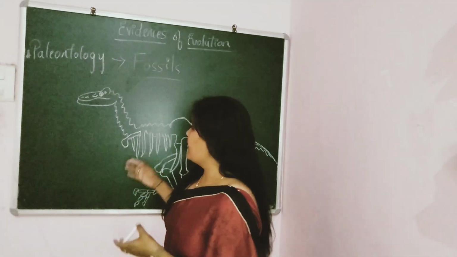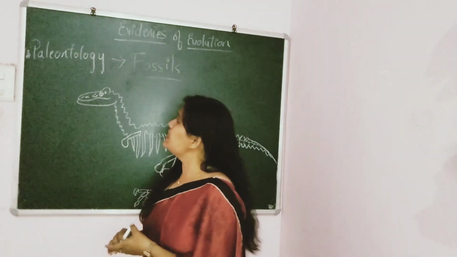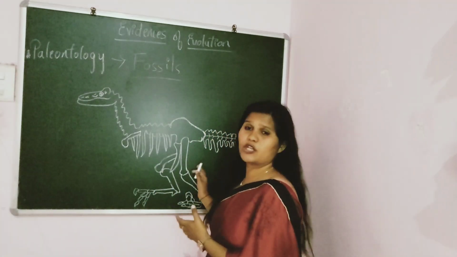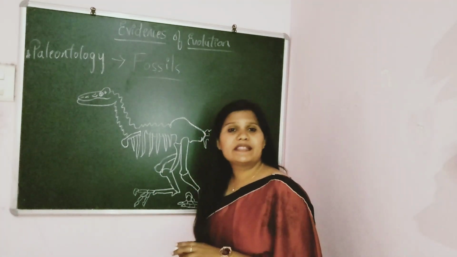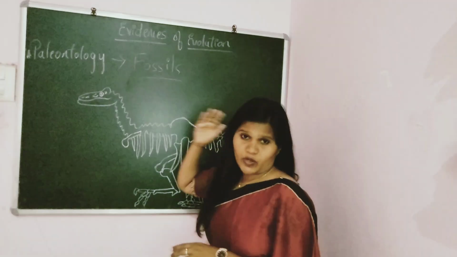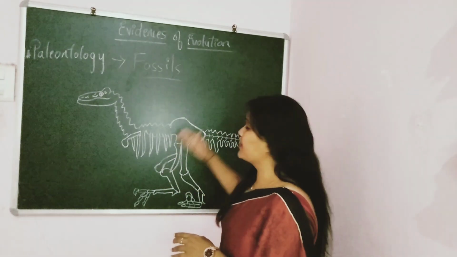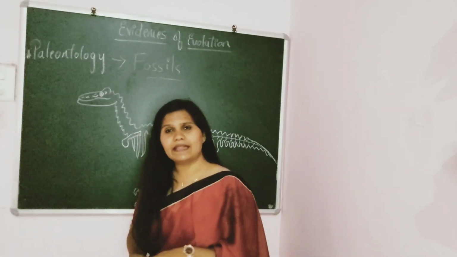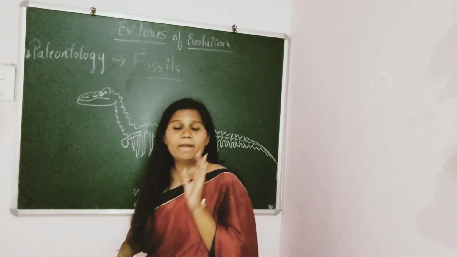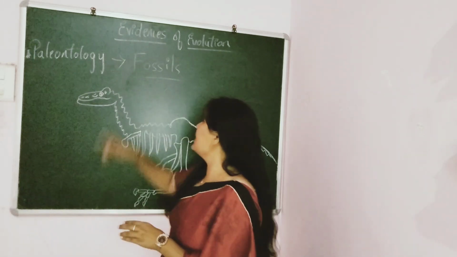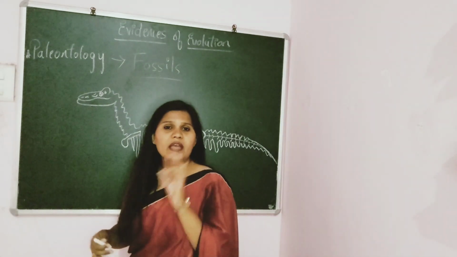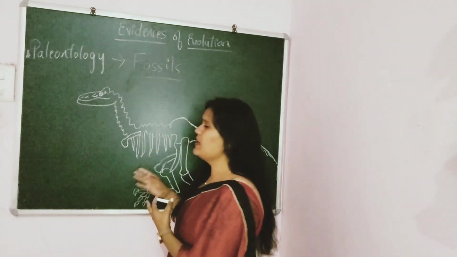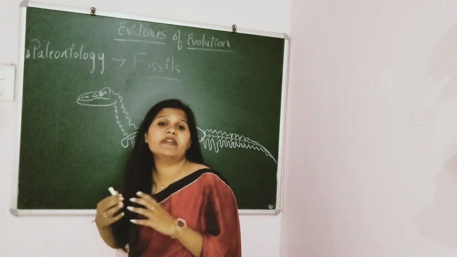In the era of Jurassic, paleontologists or scientists found the skeletal system of this dinosaur. So they say that in the era of Jurassic there were creatures called dinosaurs. That's why we can easily say that fossils are the best evidences for evolution. It supports that evolution is occurring, and we are the examples, we are the evidences.